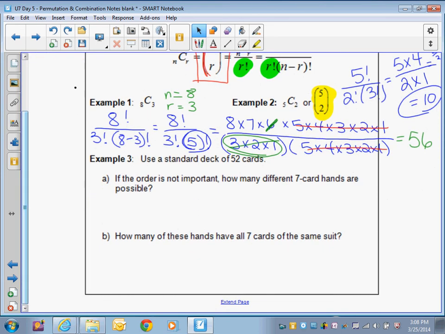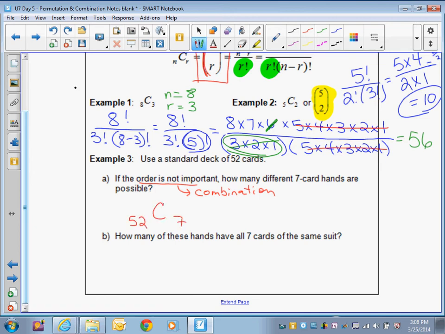Just another example of a combination. Using a standard deck of cards, which has 52 cards, if order is not important, so when they tell us that order is not important, we know we're using a combination. How many different 7-card hands are possible? So out of 52 cards, we're choosing a 7-card hand.